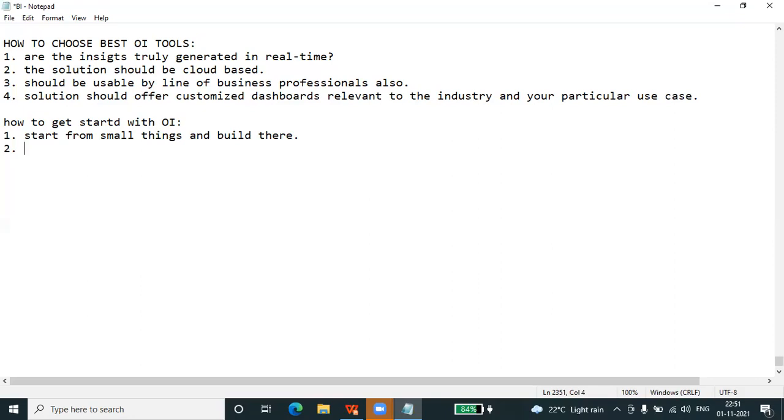Take a single key performance indicator and launch an operational intelligence pilot. From there, add related problems and associated metrics to the solution.